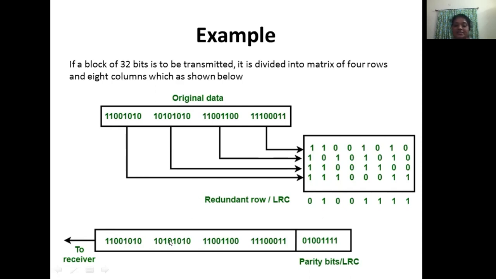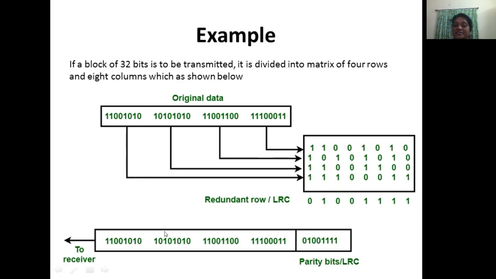Now assume that this fourth 0 is changed to 1. What happened with this 1 here? The LRC you should get is 1 here. But the LRC received from the sender is the same, since the sender won't change it. Only the fourth bit of the second frame is changed from 0 to 1 and the data is sent.